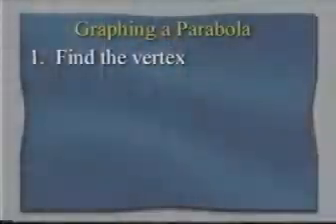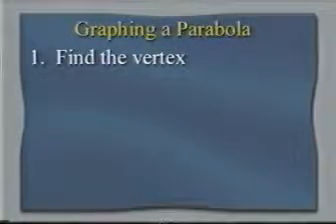Now, how can we graph this parabola? Well, there's a very easy procedure for graphing a parabola if you have the equation y equals ax squared plus bx plus c. The first step is to find the vertex.